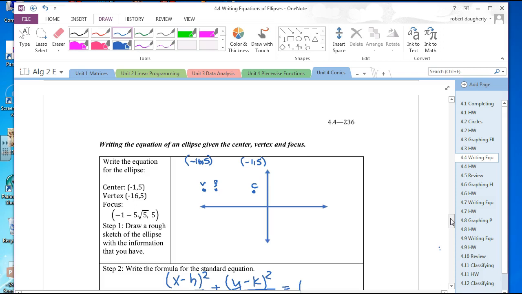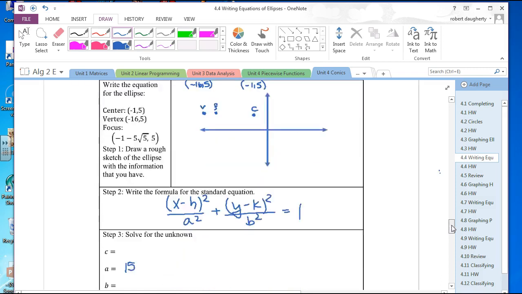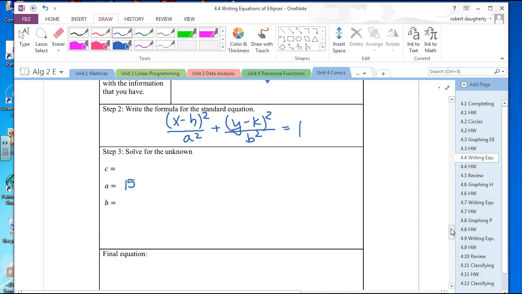Yeah, 5 root 5 is the distance. So this says you're at negative 1 and you go to the left 5 root 5. That's the distance that you're traveling. So C is 5 times the square root of 5.